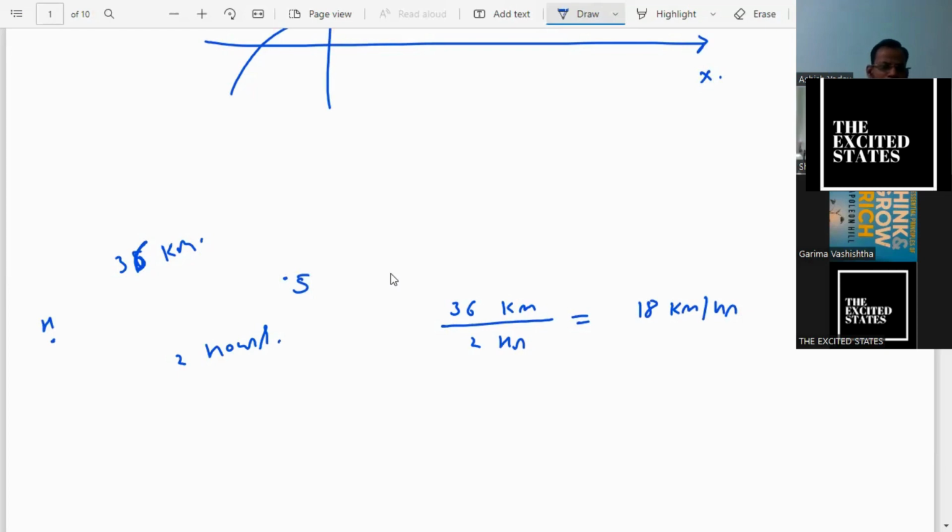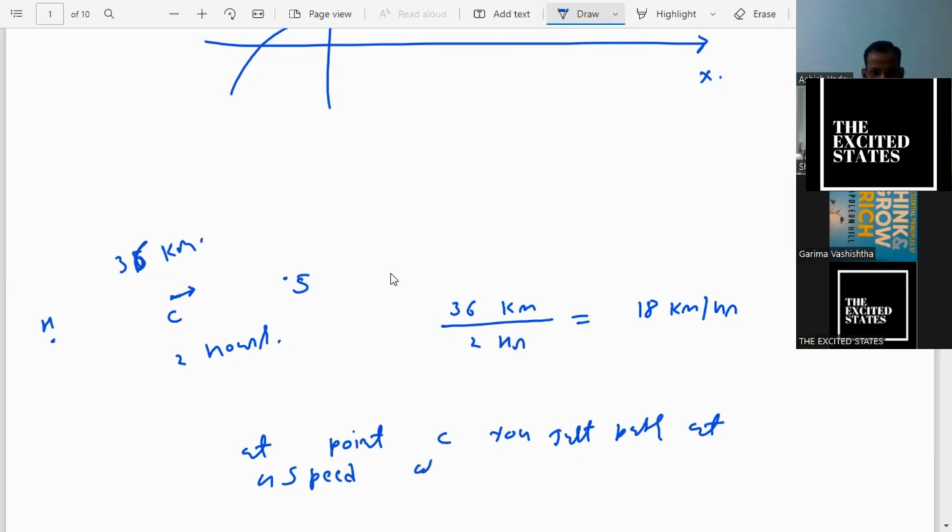Let's suppose this is a particular point between your home and school, point C. At point C, you just passed with a speed of, let's suppose, 21 kilometers per hour.